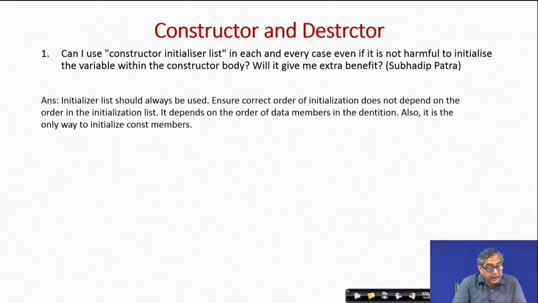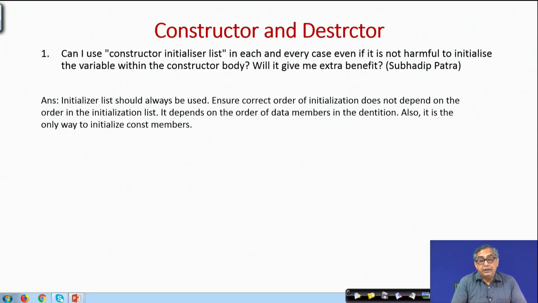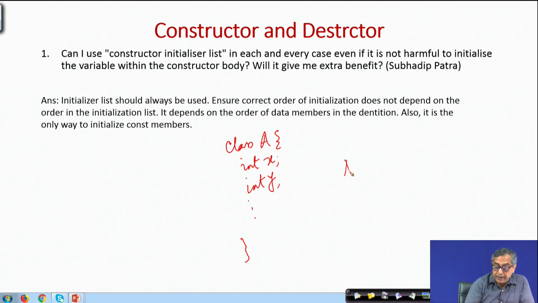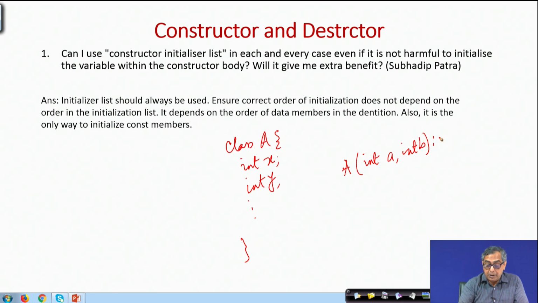Okay, constructor and destructor. Can I use the constructor to initialize in each and every case, even if it is harmful to initialize the variable within the constructor? The recommendation here is different: all data members of a class must be initialized with the initialization list. So, if I have class A, with int x, int y, etc., and I am writing the constructor for class A, with int a, int b, I have two choices, right.